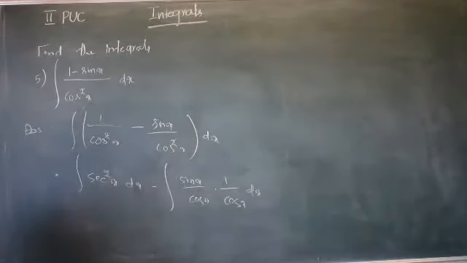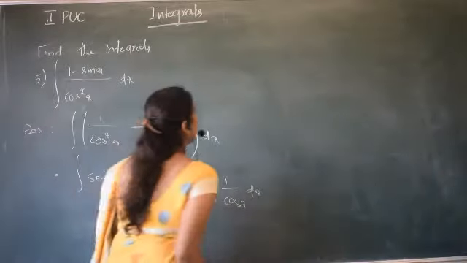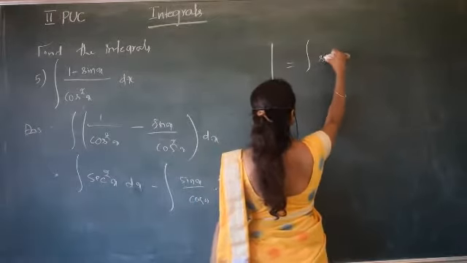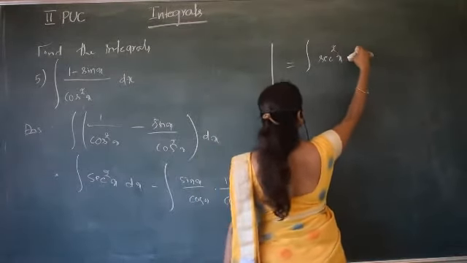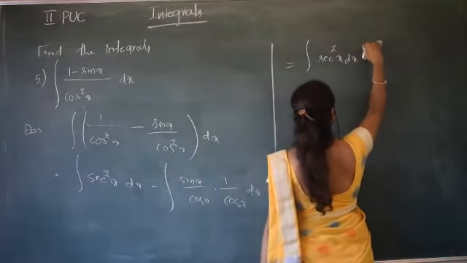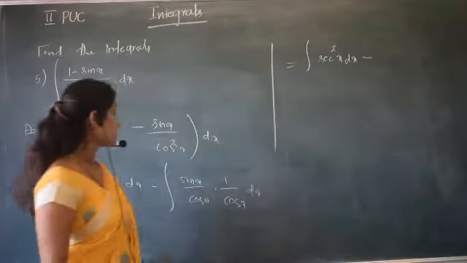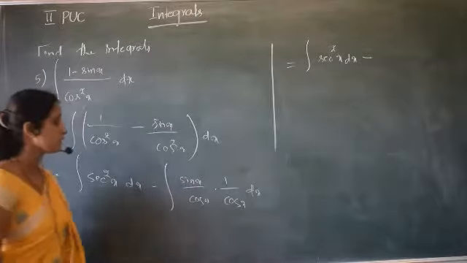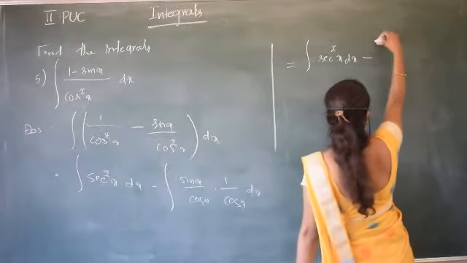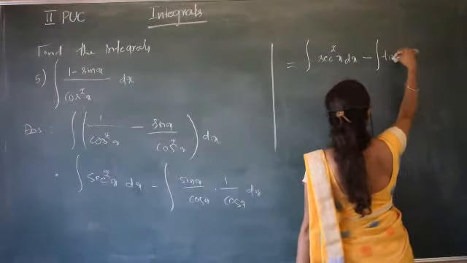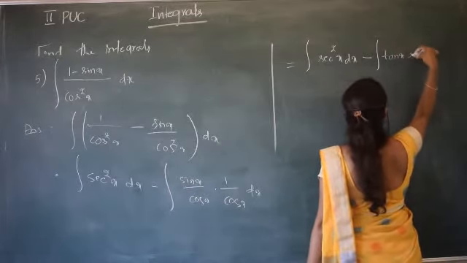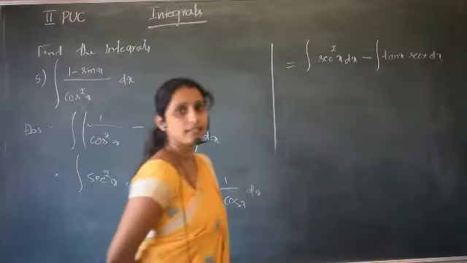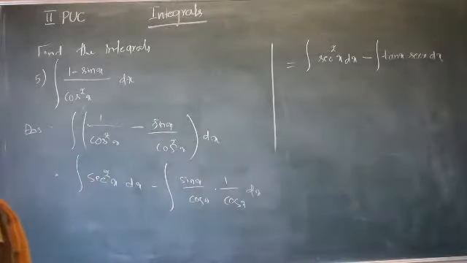So this will be equal to the integral of secant square x dx minus, since sin x by cos x is tan x and 1 by cos x is secant x, the integral of tan x into secant x dx.